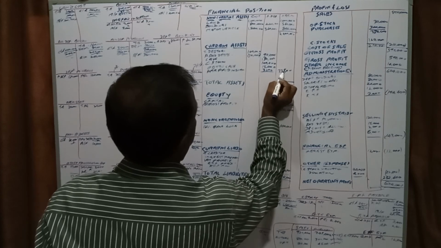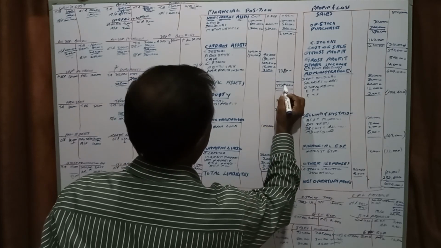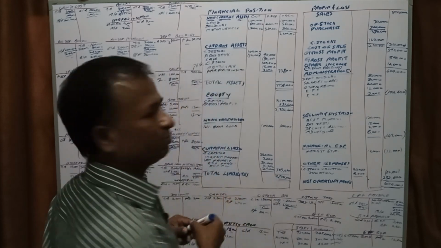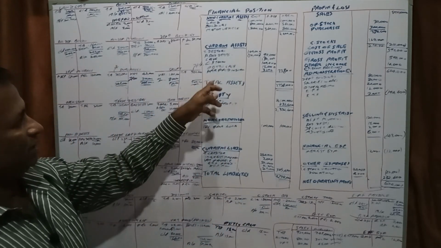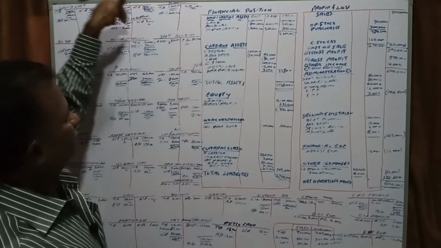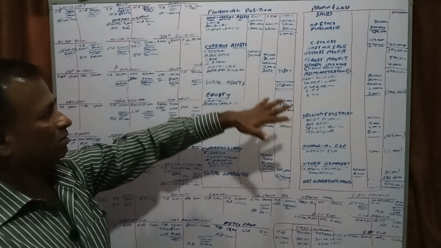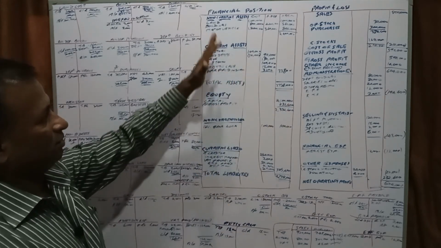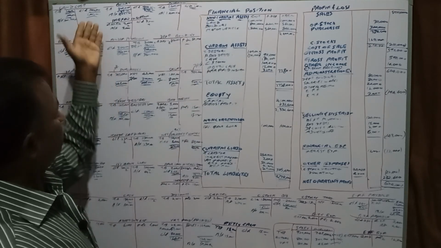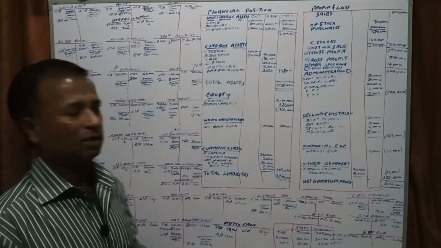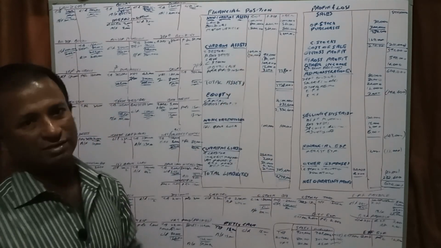Then this is 2,738,000. Okay, it is balancing. So if it is not balancing, check with the ledger balances. You may have omitted one of the ledger balances, so you add it. Check first of all with the ledger balances, and it will be okay. Otherwise it should be casting differences.